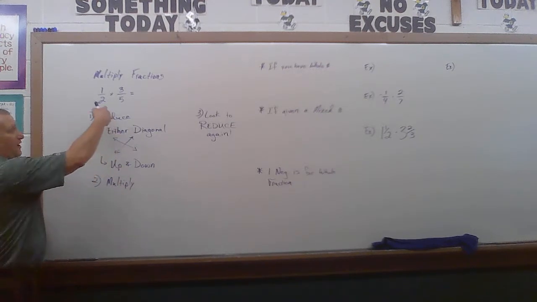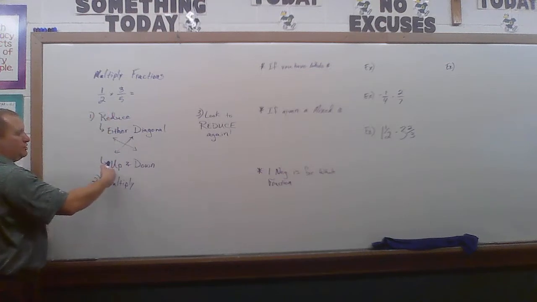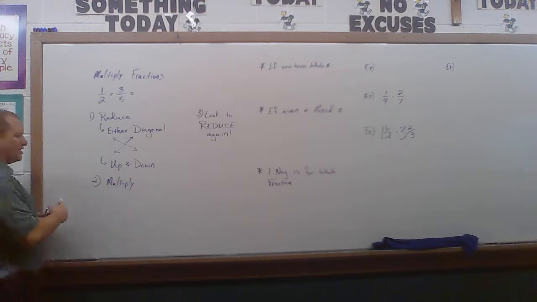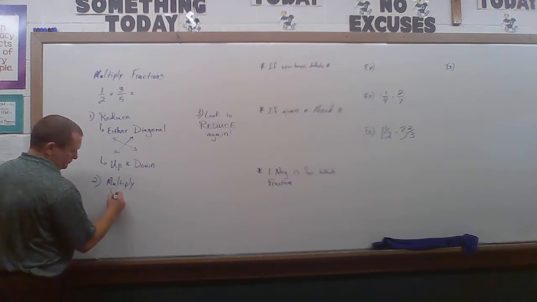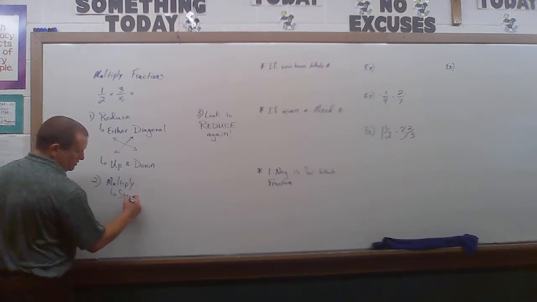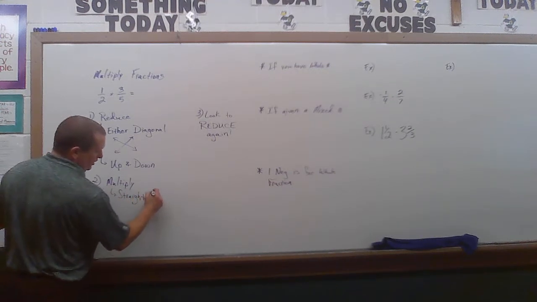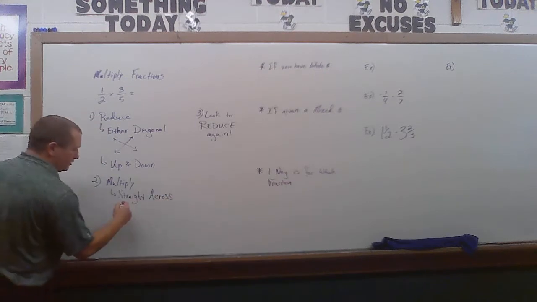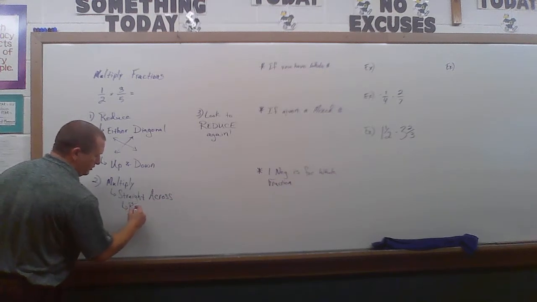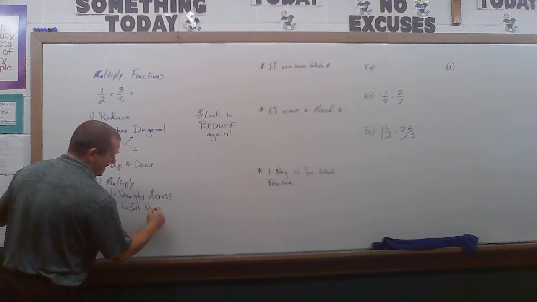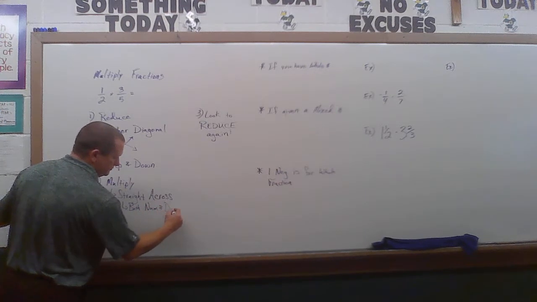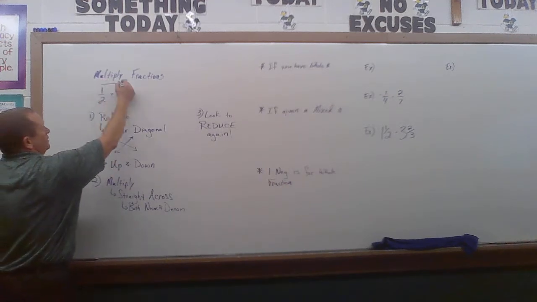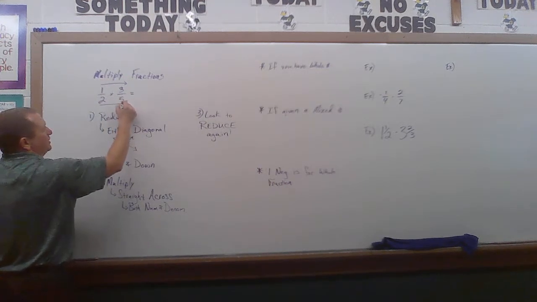Once I've done my reducing, the number 2 thing I would do is multiply. When I multiply fractions, how do I multiply? Straight across. I'm going to do both the numerator and the denominator, so I like to show this by putting arrows across the top and across the bottom.